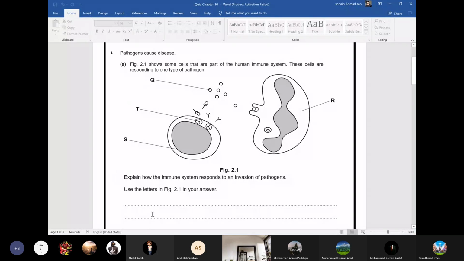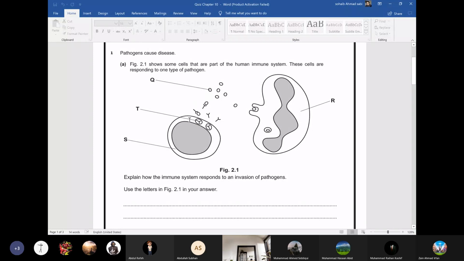What you will write, look here, it's written use the letters in figure 2.1 in your answer. So what you will mention is that Q is a pathogen that enters inside the body. Now Q pathogen contains or has antigens on its surface.